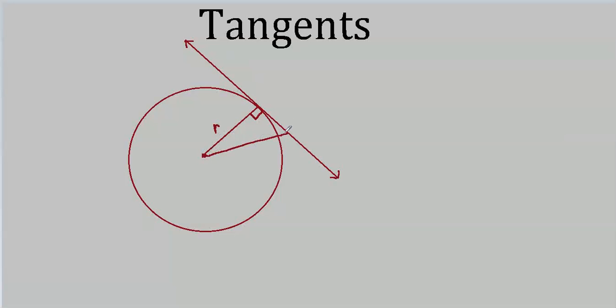We've defined the distance to be the perpendicular distance from the tangent to this point right here. This tangent is just a line, so the distance from a point to a line is the length of the perpendicular segment which connects the point and the line. So the distance from the center to the point of tangency is r.